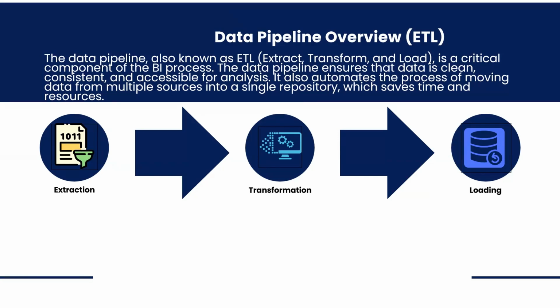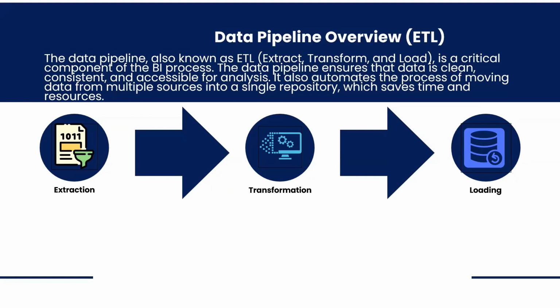And the extraction of data is where data is extracted from different sources, both internal and external. These sources may include databases, files, and APIs. Then the data is transformed into a consistent format and structure.